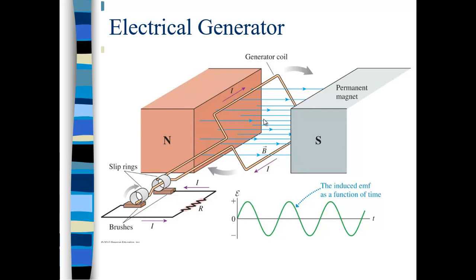Now let's say you're generating electricity. So you have a permanent magnet and you have a generator coil here.